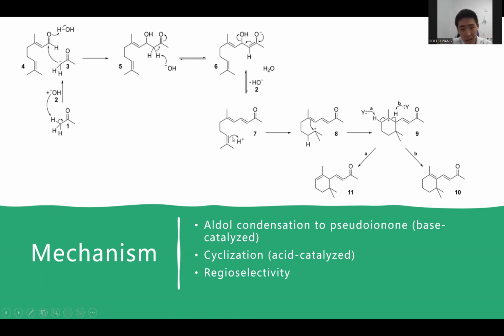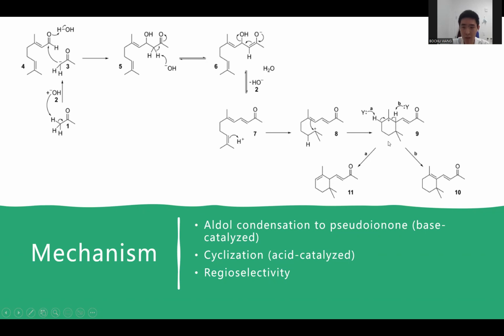And then for the second step, you will have acid, which depends on which isomer you want to get. So a strong acid for beta ionone and a weaker acid for alpha. The acid will generate a cation, and the cation will go through rearrangement to create a 6-membered ring right here.